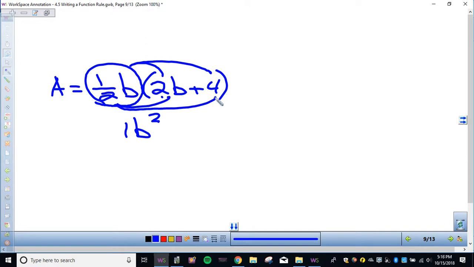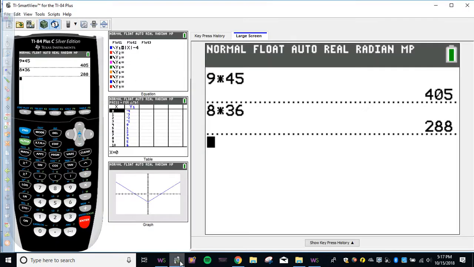Then we have 1/2 b times 4. So again, I think, what's half of 4? That's 2. So we get area equals b squared plus 2b. Anytime you have a squared, it's going to make this graph into a parabola.